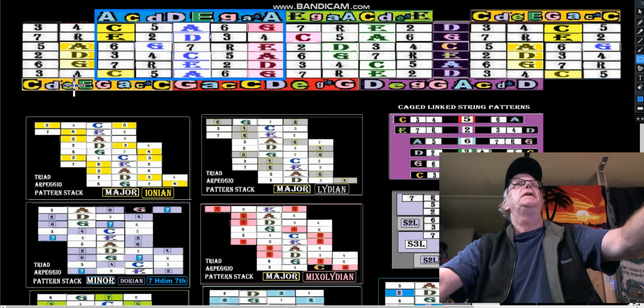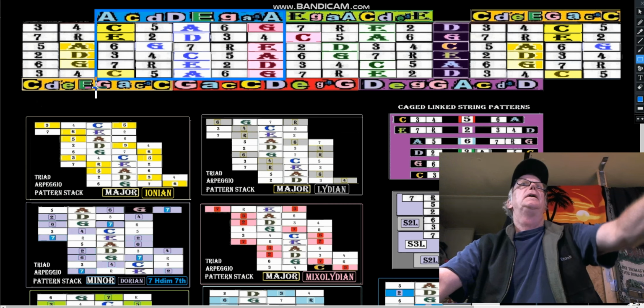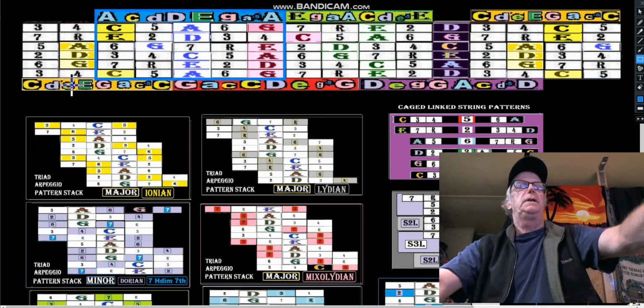Then we have a little E half-step neighbor, an E minor. So so far we got C, A minor, G major, and then E major shaped F, E minor shaped E minor, D minor shaped D minor, C.